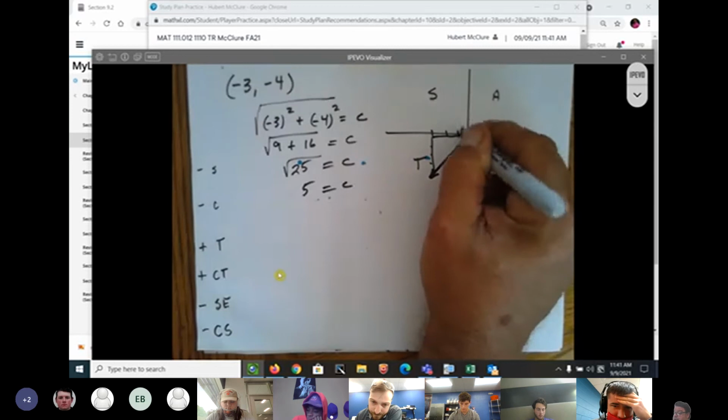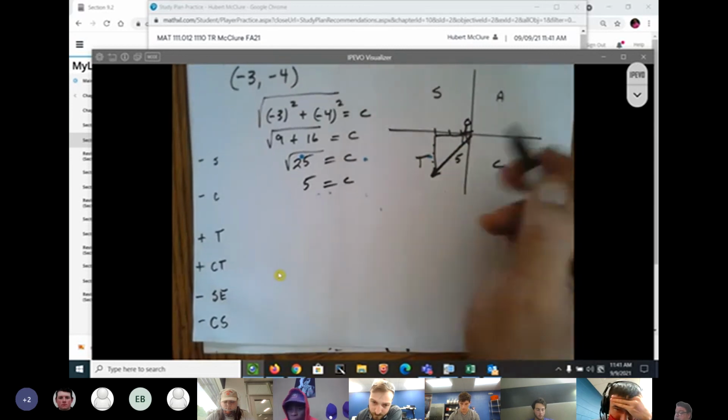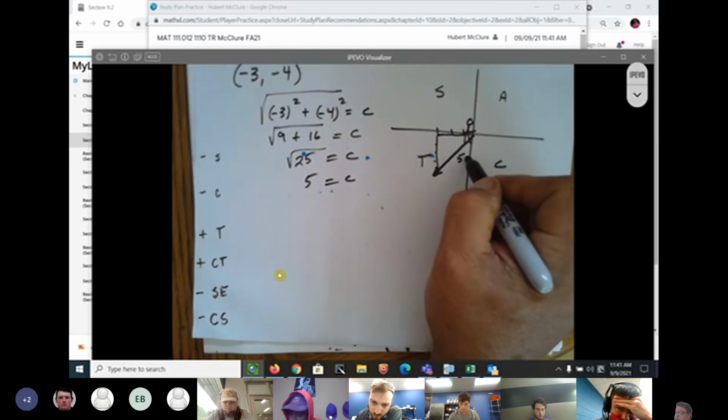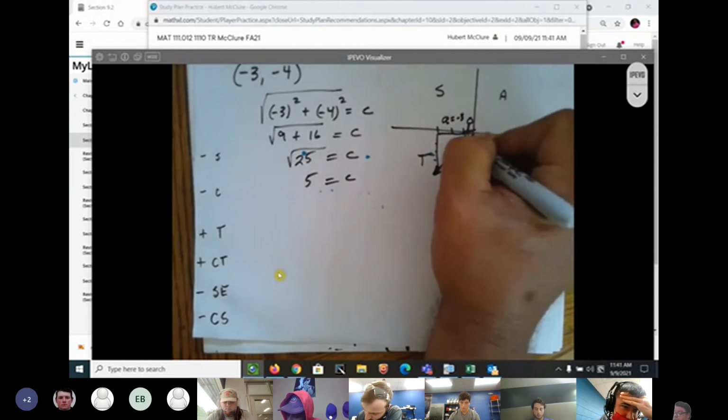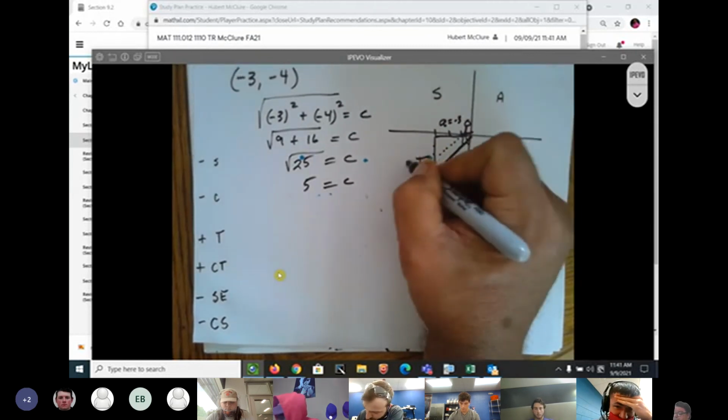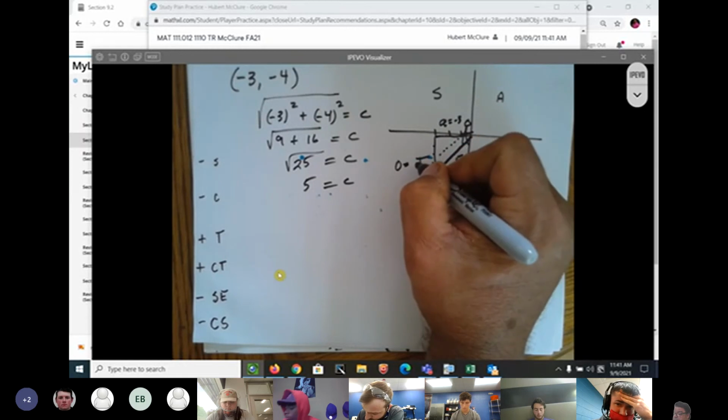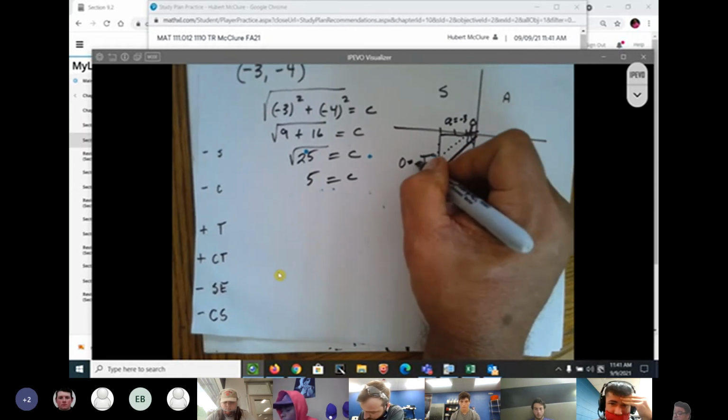So this is your little man. He's got his foot on the hypotenuse and the adjacent. And the opposite from him is the opposite. O is equal to, what is that, -4?